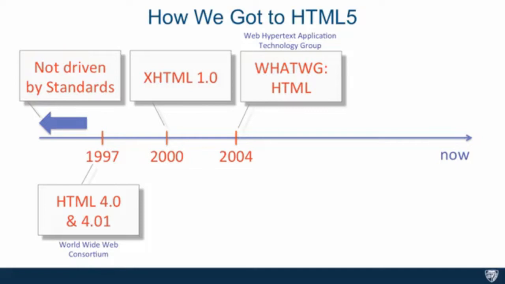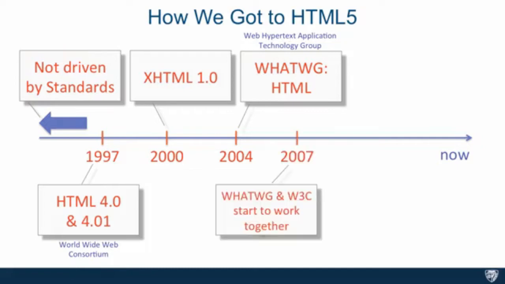And they're the ones that are driving the entire HTML5, what we have now. They're the drivers behind it. For a long time, the two organizations didn't really see eye to eye at all, and they didn't work together. They were really going in two different directions. But I think W3C eventually realized that organization is actually being driven by the people and by the companies that actually matter, because they're the guys who are developing the browsers themselves.